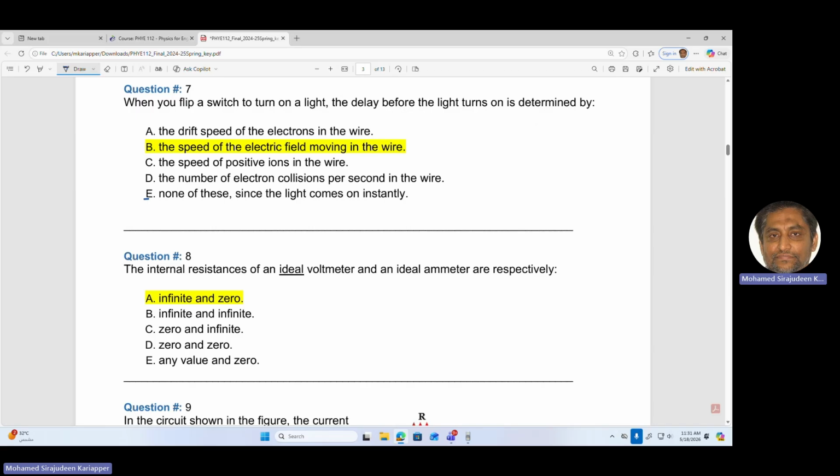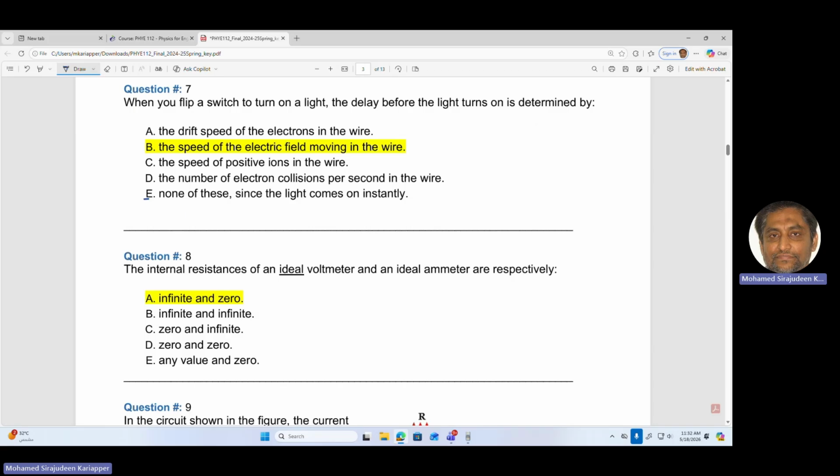Number 7. This is a question that repeats again and again. You know the answer to this, right? When you put the switch on, the bulb lights immediately. Can you say the electrons coming out of the battery have to move and come to the bulb in order for the bulb to light? No, it's not like that.